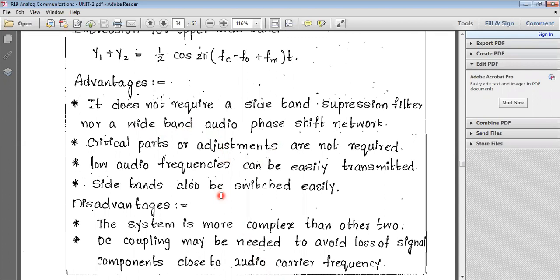The circuit does not contain any critical parts. Here we have AF carrier generators, so that's why low audio frequencies can also be easily transmitted.